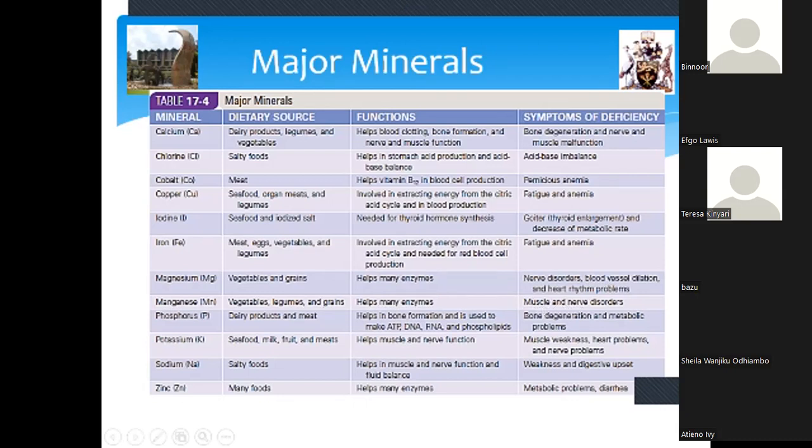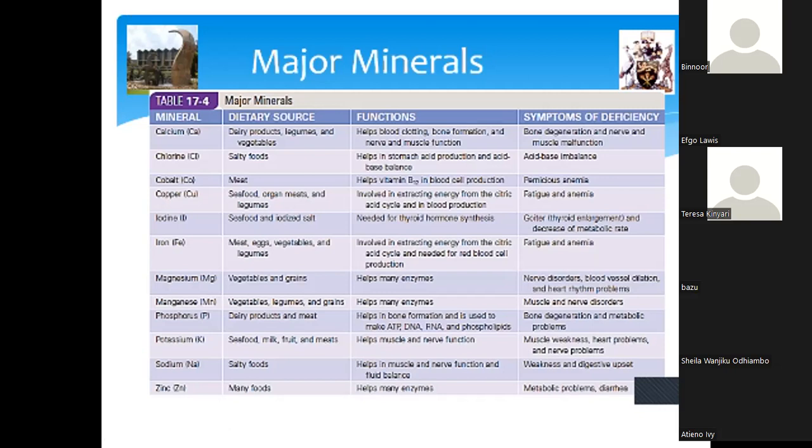Phosphorus comes from dairy products and meat. It helps in bone formation, and we discussed it when we talked about calcium. It is now the source of phosphate for making ATP, DNA, RNA, and phospholipids, and its deficiency will lead to bone degeneration and metabolic problems.